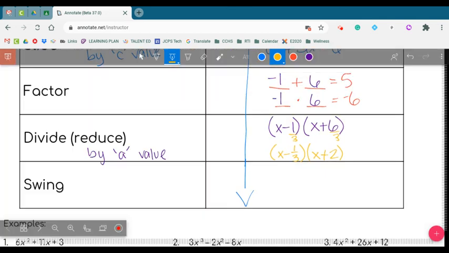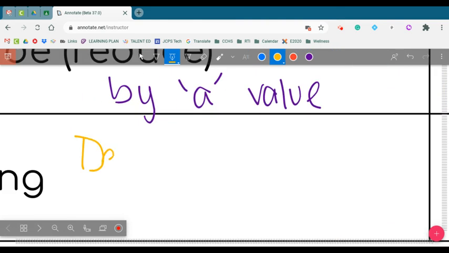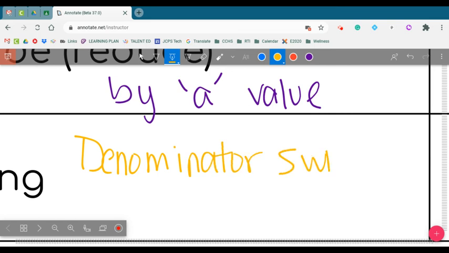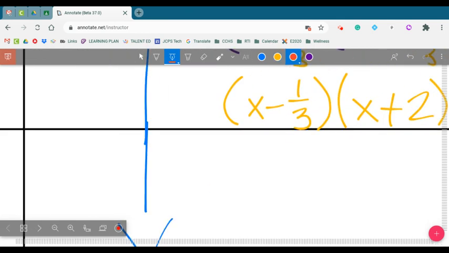Now, you're still not finished. If you have a denominator, the denominator swings to the front. So on this one, I have 3 as a denominator.